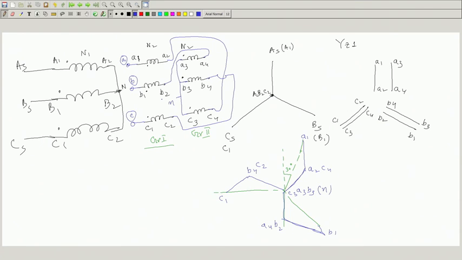Now, suppose in this connection neutral is not connected, therefore, and there is no delta connection. Therefore, I am sure no third harmonic current exists here, only 50 hertz component of current will flow, and in the core of the transformer third harmonic flux must exist, and that third harmonic flux is going to induce voltage both in the primary and the secondary coils, is not? And the polarity of those voltages are shown here.